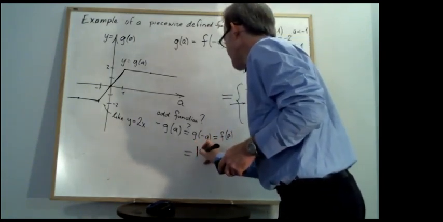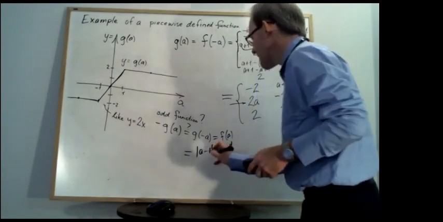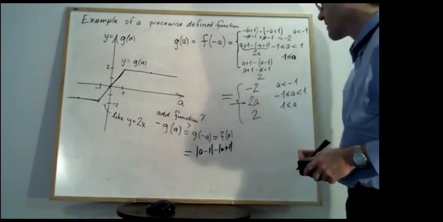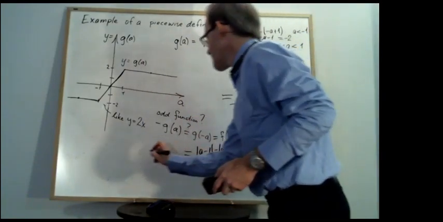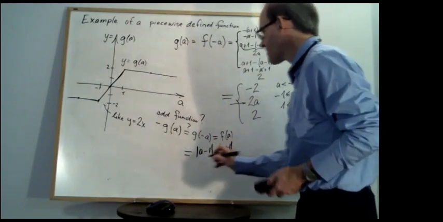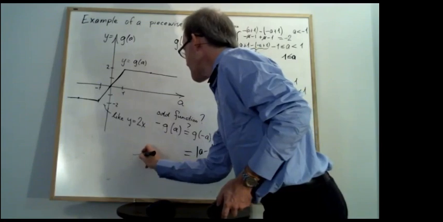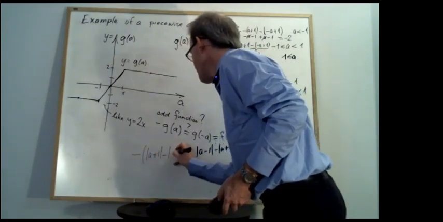Which if I evaluate that, that's absolute value of a minus 1 minus the absolute value of a plus 1. And minus g of a, well, remember g of a was absolute value of a plus 1 minus the absolute value of a minus 1. So if I take a minus sign in front of all of that, I get this.